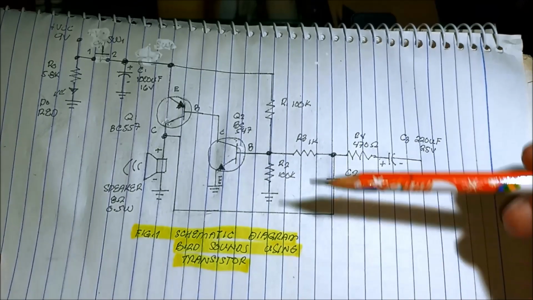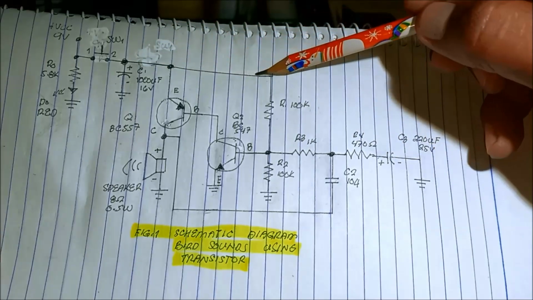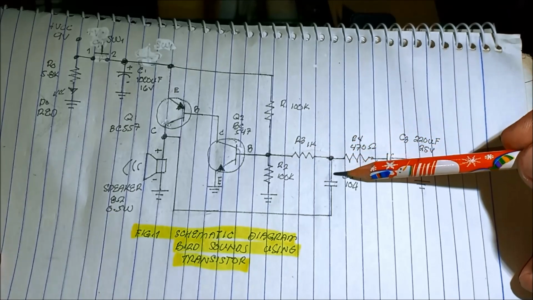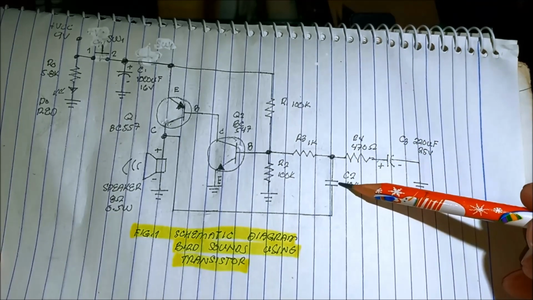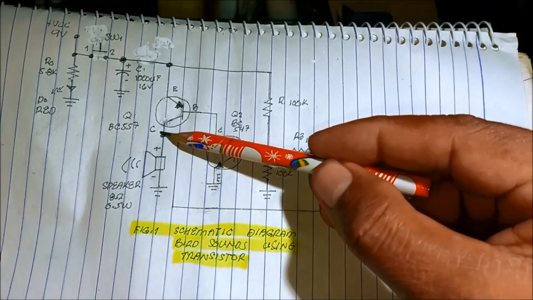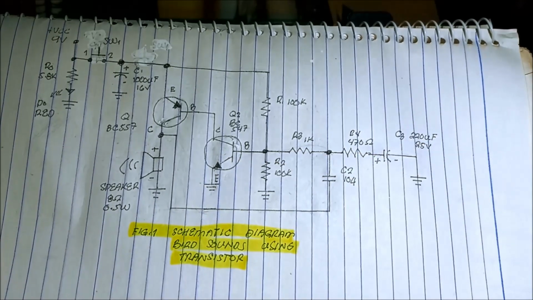Why is it open? Because the current flows initially from R1, R3, then to the 104 or 0.1 microfarad capacitor, then feeding it to the positive side of the speaker, then to the ground.